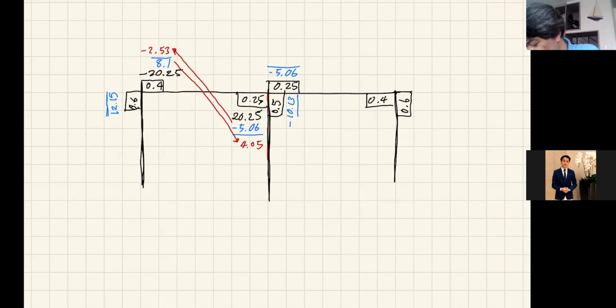And what else we have? We have 5.06 that will be carried over here. That is also minus 2.53, right? And then this will be carried over to the opposite end as well. That is minus 5.06.